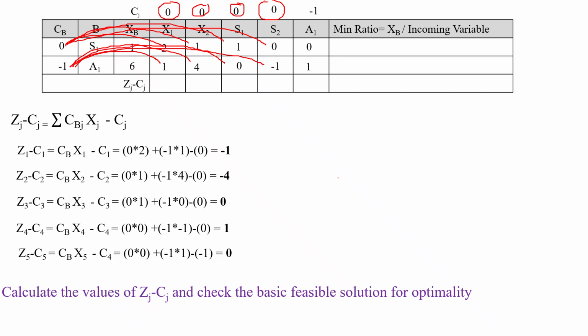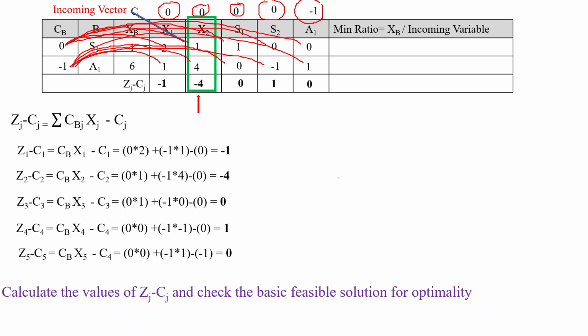Next Z5 minus C5 for the fifth variable, A1: 0 into 0 plus -1 into 1 minus -1, its value is 0. So here the Zj minus Cj values are -1, -4, 0, 1 and 0.